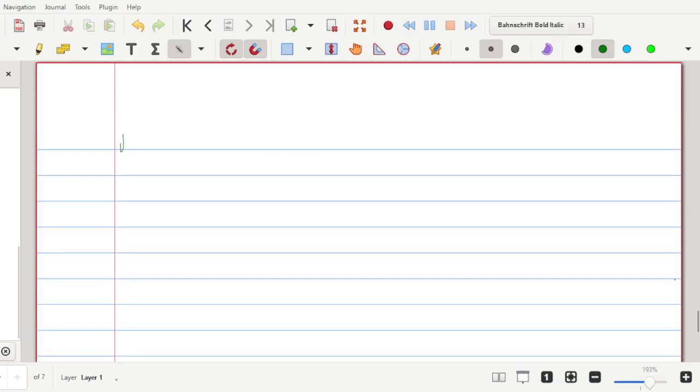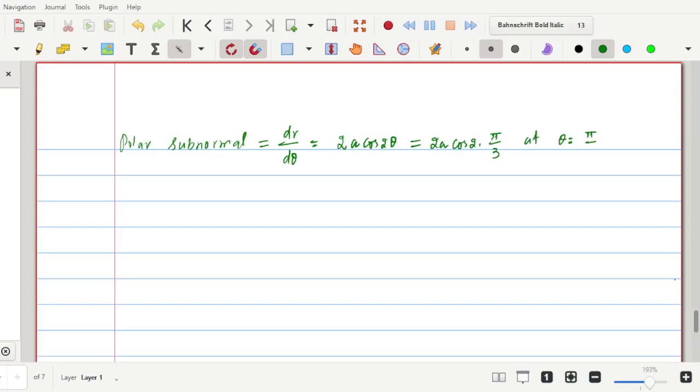And finally the polar subnormal, which we know is equal to dr by d theta. We have already calculated that dr by d theta is equal to 2a cos 2 theta. Now this is equal to 2a cos(2 into pi by 6), because we are evaluating this at theta equal to pi by 6.